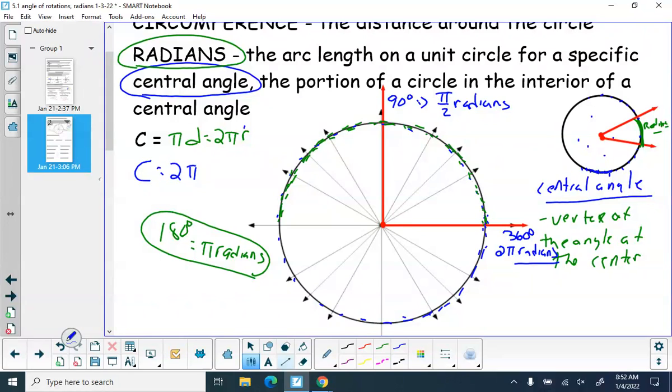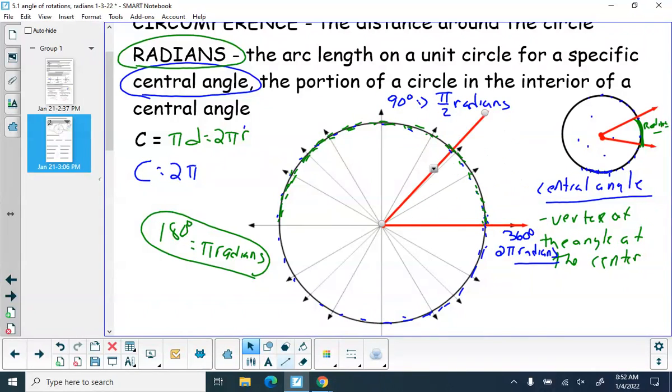Because we're taking half of pi. And once again, we can approximate that to be 3.14 divided by 2 and get an approximation there. But we can leave things in terms of pi. And once again, that's generally accepted in terms of pi.